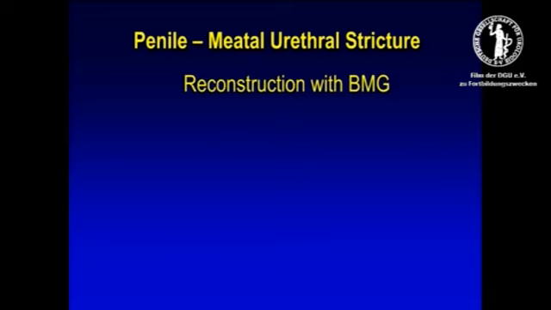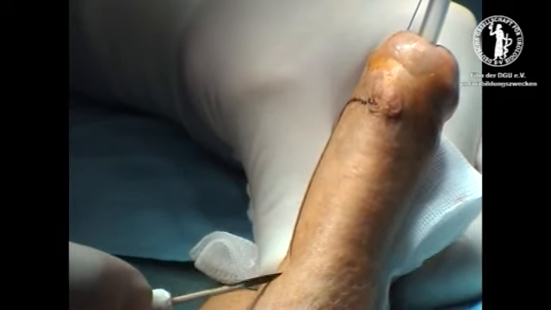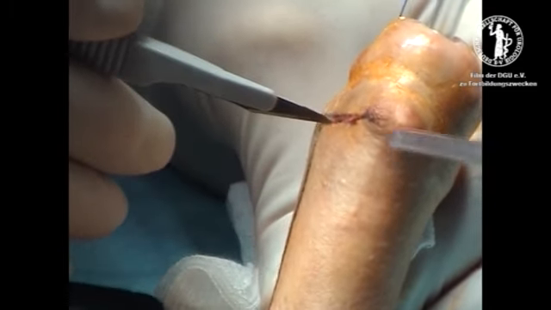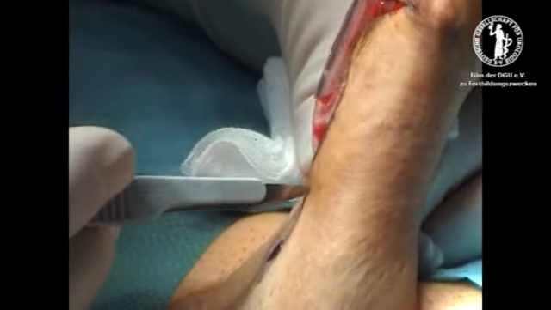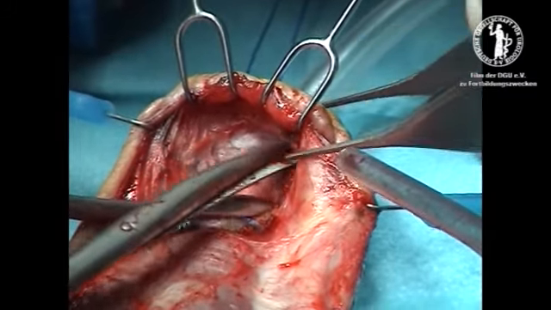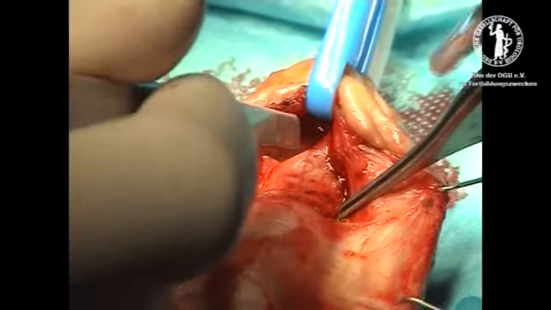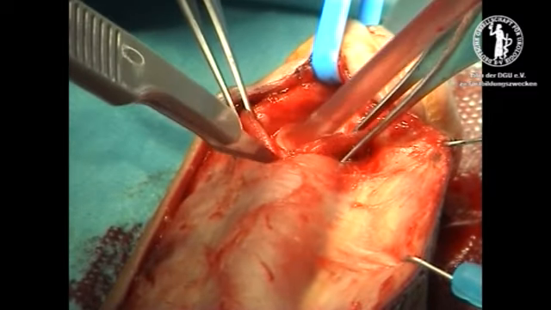In penile stricture, including the meatus, we incise the skin parallel to the urethra. A 18 French catheter is inserted, the urethra is developed and the plane between urethra and glans is opened. The urethra is incised.